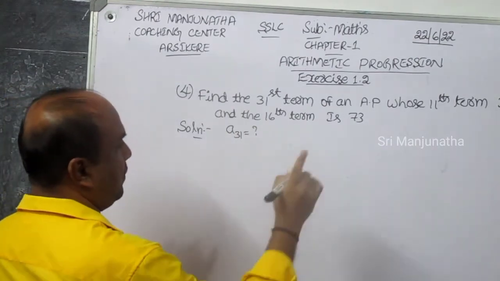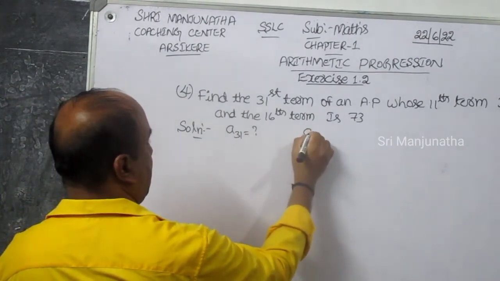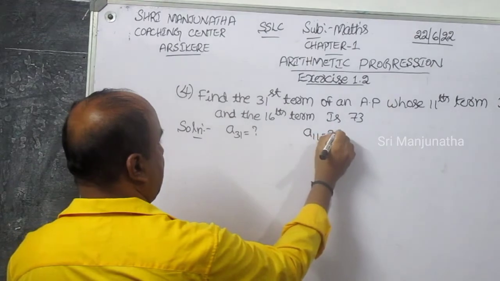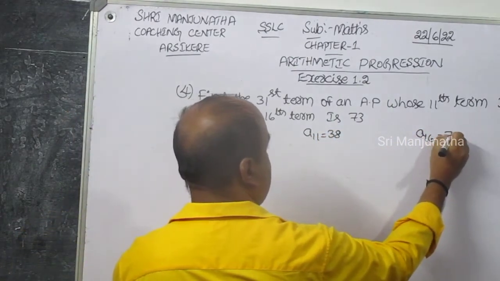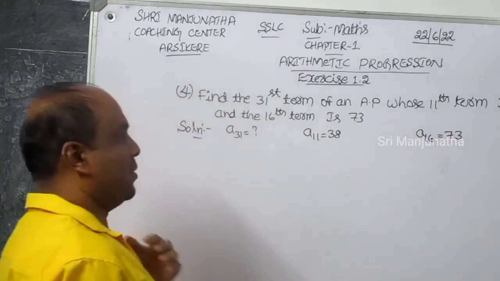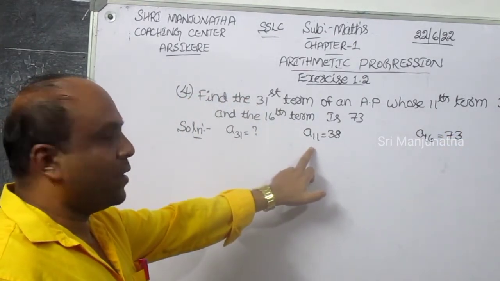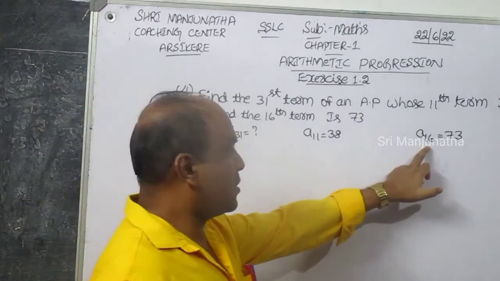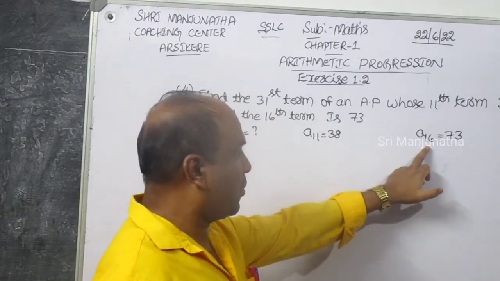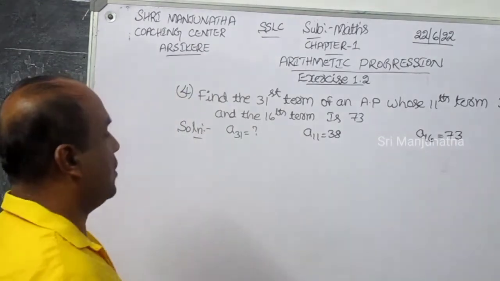Given: the 11th term, A11, is equal to 38 and A16 equals 73.